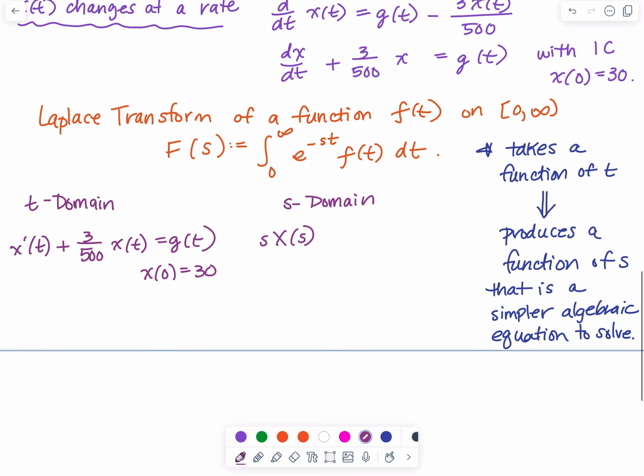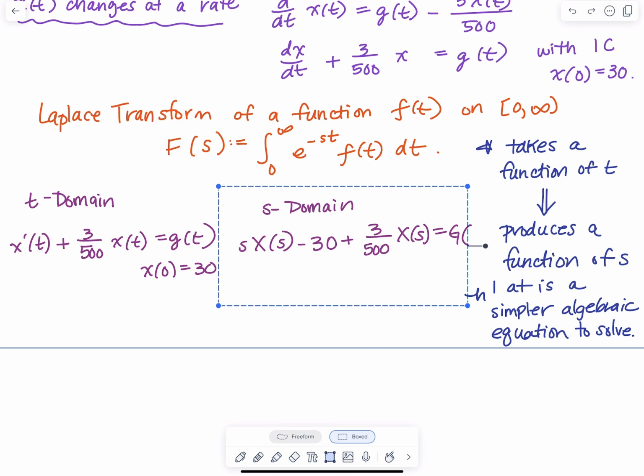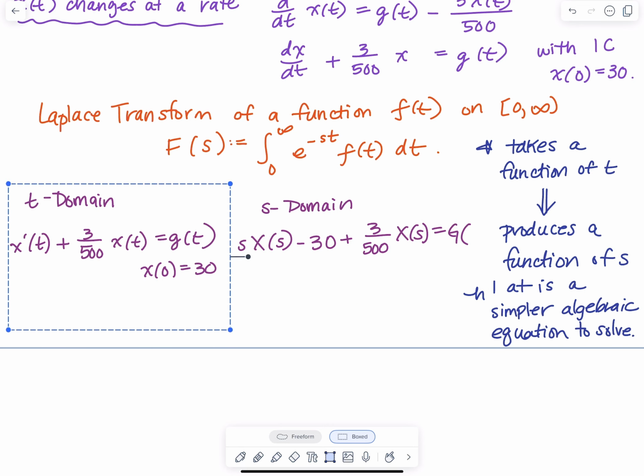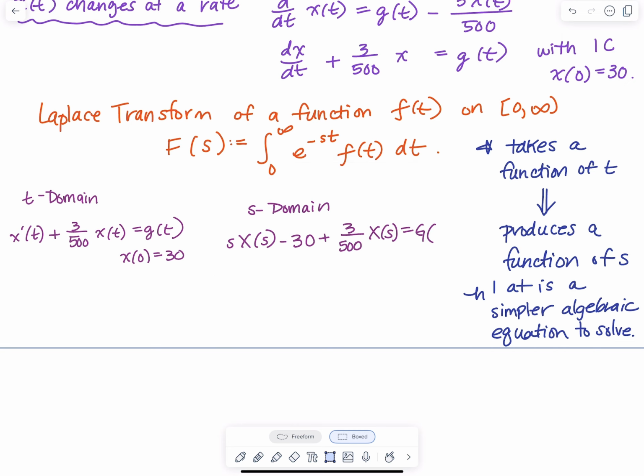And now that S is our domain, we can write this as minus 30 plus 3 over 500 x of S is equal to G of S. Okay, and G of S is the Laplace transform of g of t.